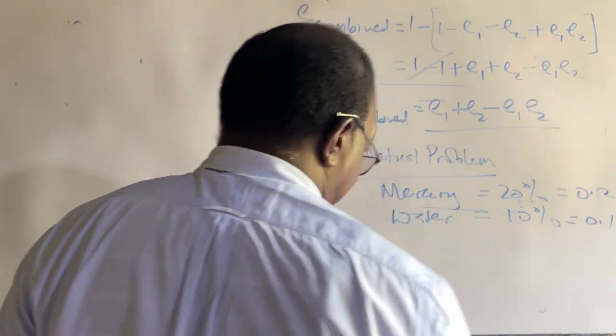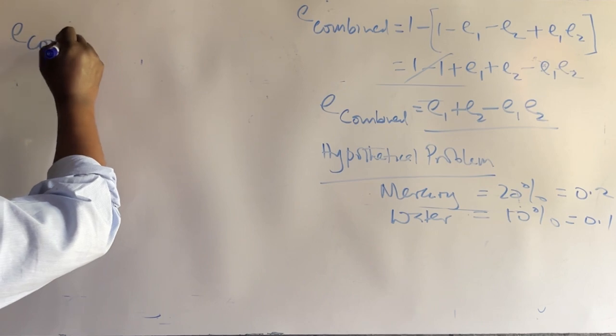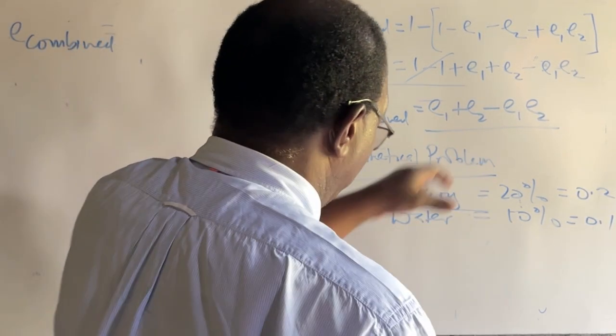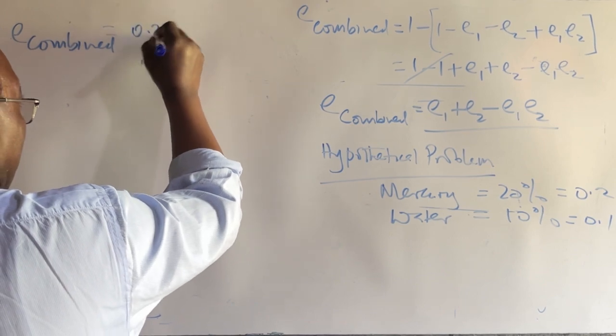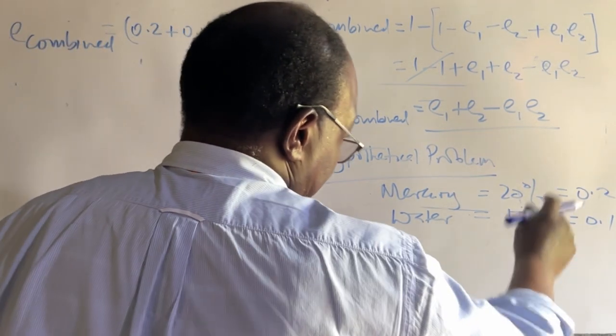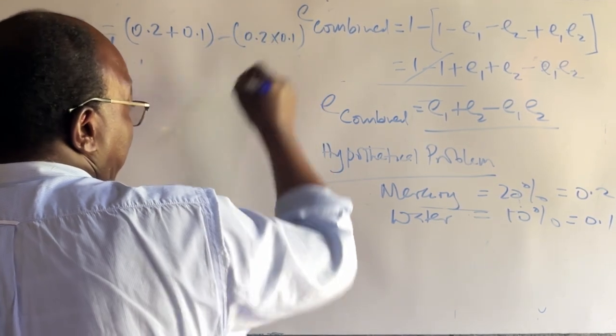Let us see. The combined efficiency, E combined, will be 0.2 plus 0.1 minus 0.2 multiplied by 0.1.